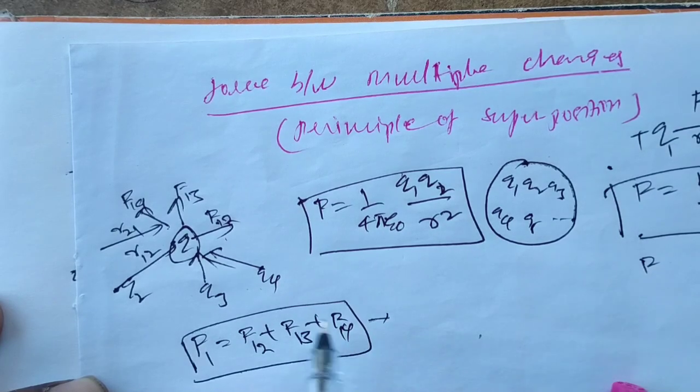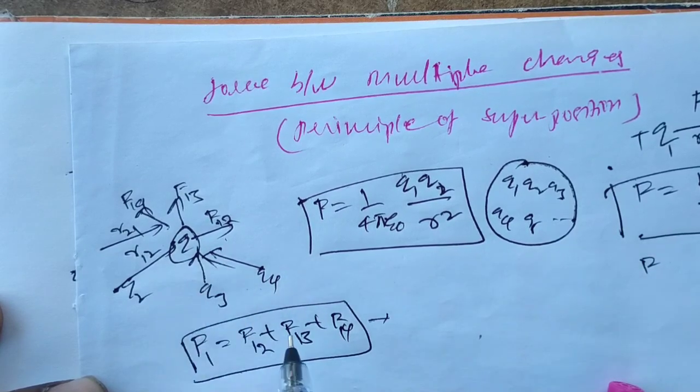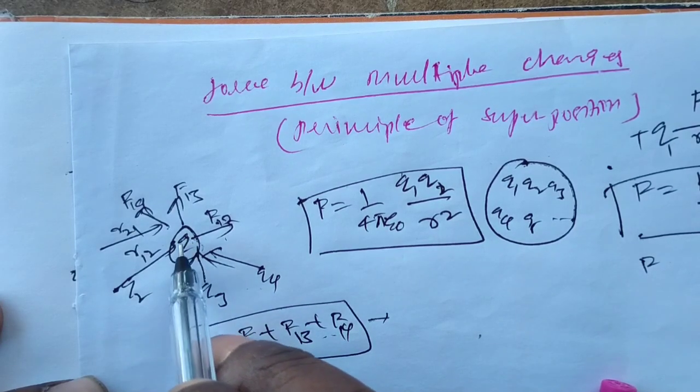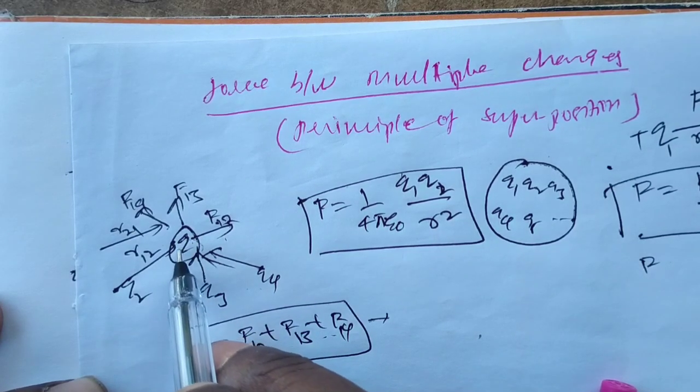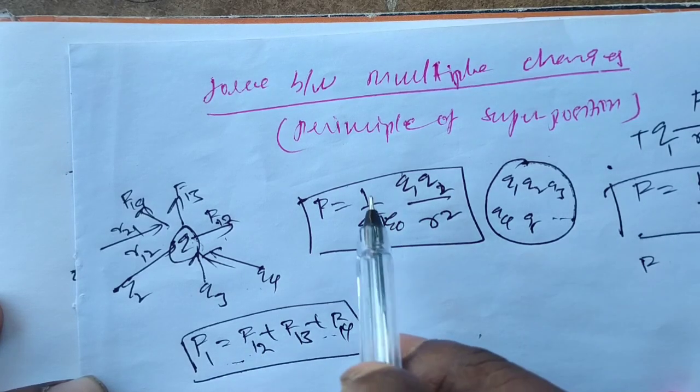Suppose the system has only 3 charges, then we add only those forces. With multiple charges, we add the individual forces, so the resultant force is equal to the sum of the individual forces. That is the principle of superposition.